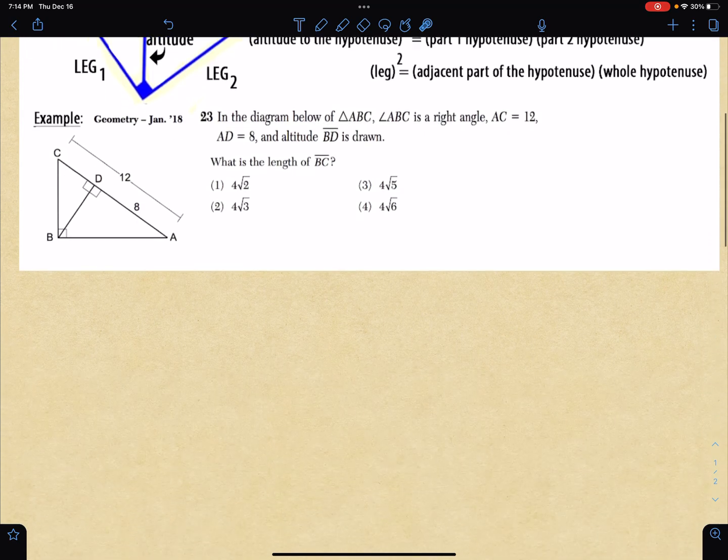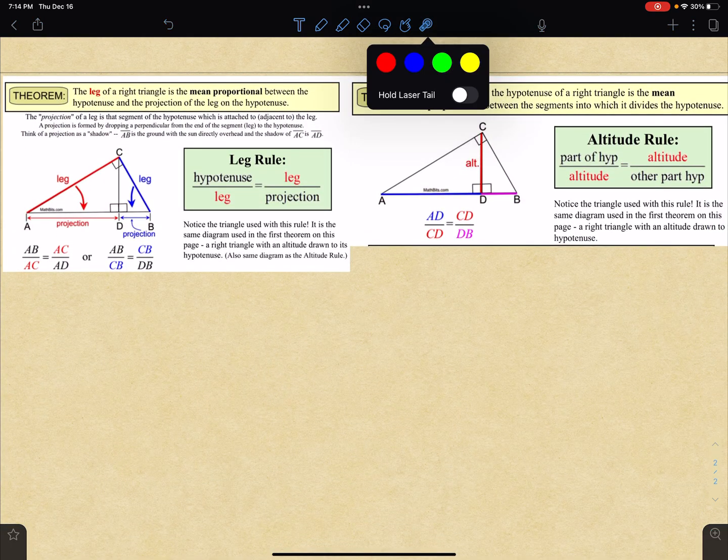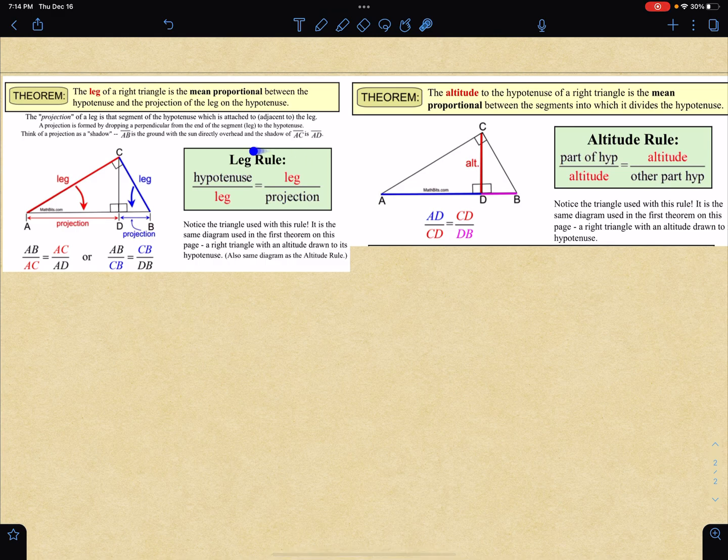So just so you can see what the mean proportional theorem is all about, it's this. To find the leg, you have to follow this formula according to this situation. You can pause and rewind the video when you want to see the details. And if you wanted to deal with the altitude, this is the formula you use according to this situation.